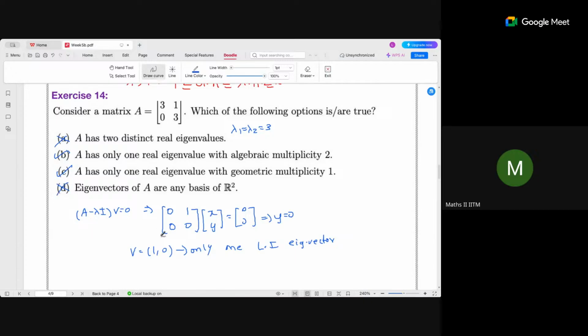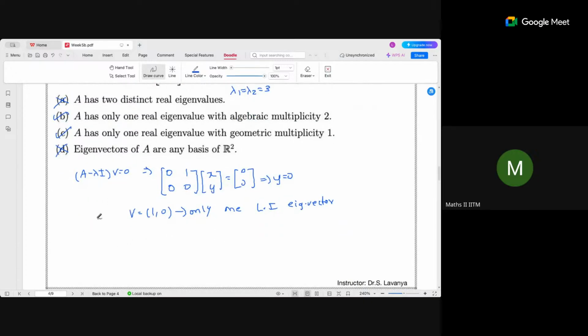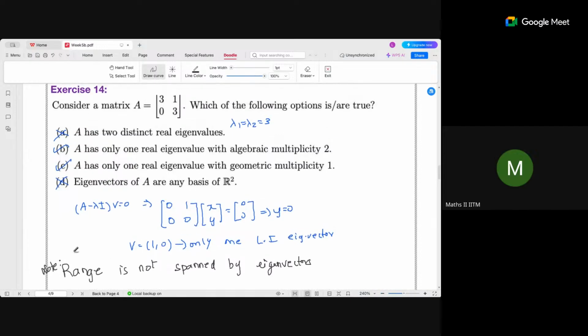Note that here the range is not spanned by eigenvectors. When algebraic multiplicity and geometric multiplicity are not equal, then the range cannot be spanned by eigenvectors.